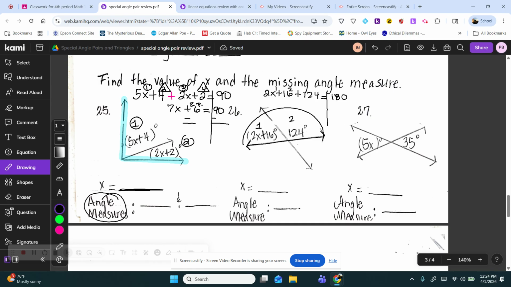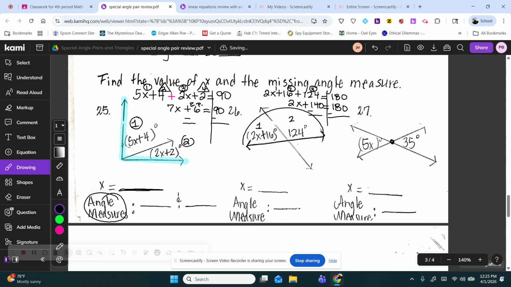And then you're gonna be combining like terms. So that will give you 2x plus 140 equals 180. And then at this point, you can zero out the 140. Find X and then plug back in to find the angle measures.